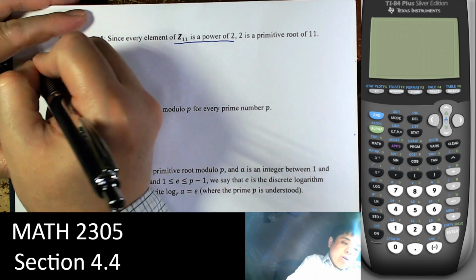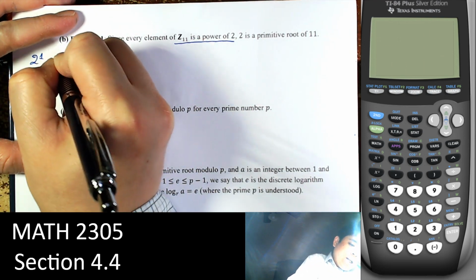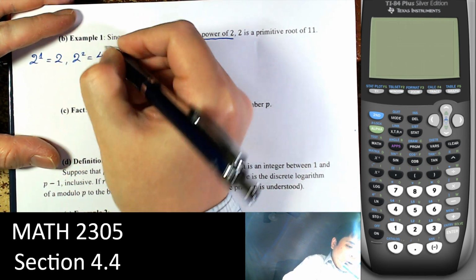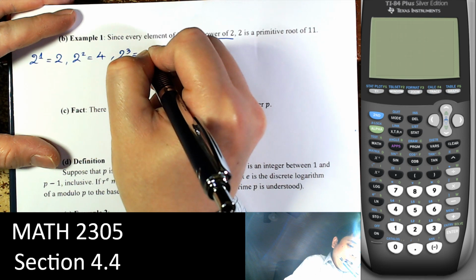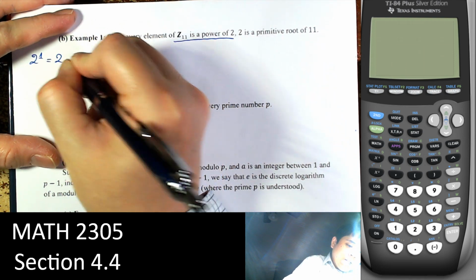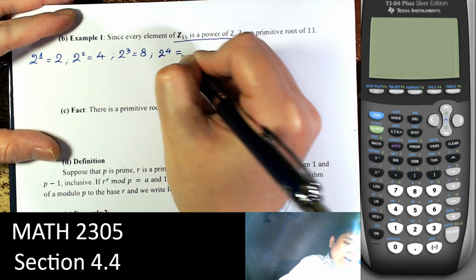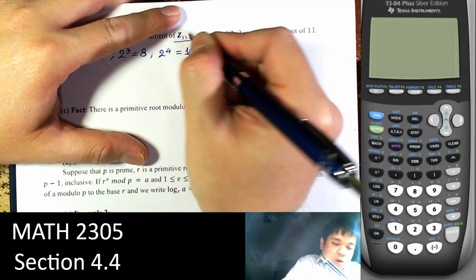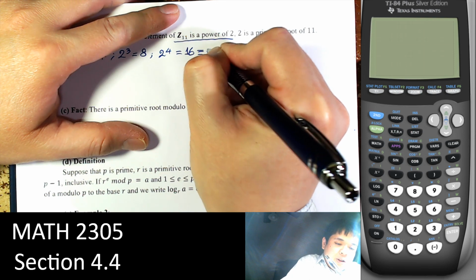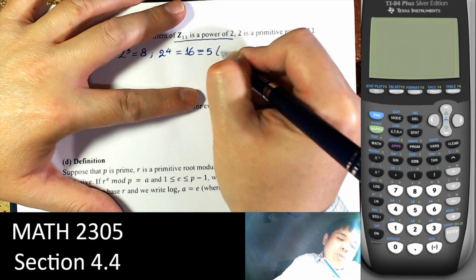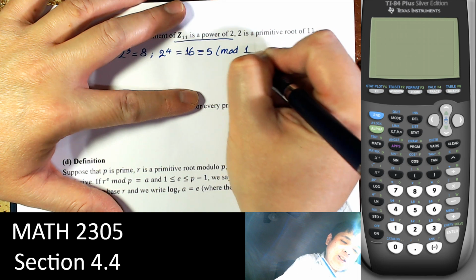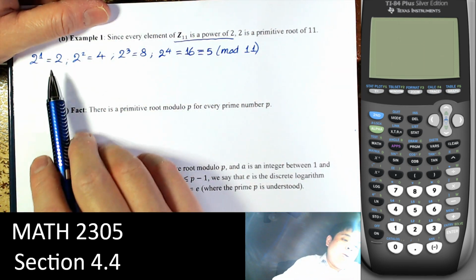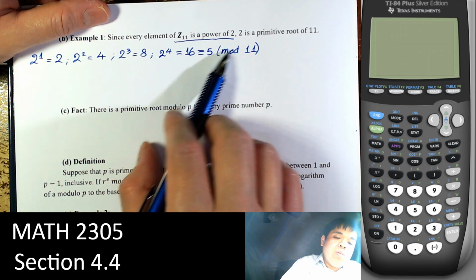Right. So 2 to the first power is 2, so that's good. 2 squared is 4, 2 cubed is 8. 2 to the 4 is 16, and 16 is congruent to 5 when we do mod 11. Right, 1, 2, 3, 4, there's 11 of them.